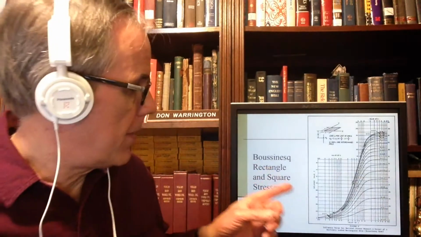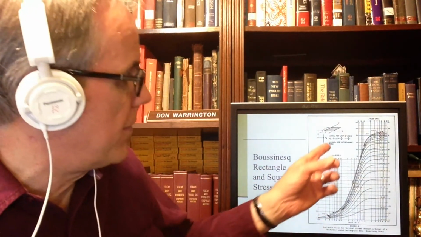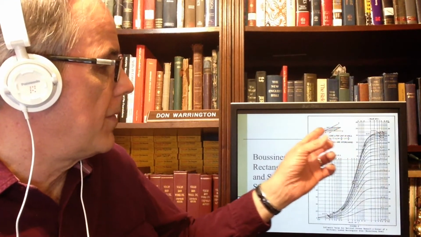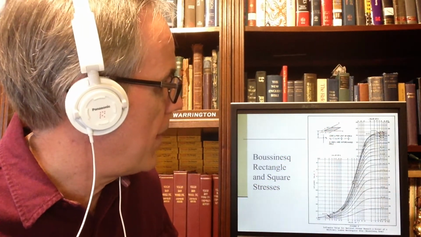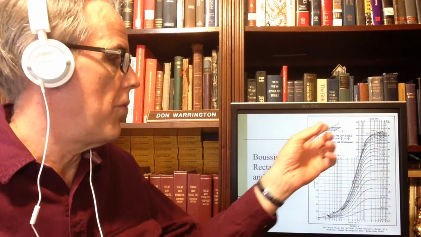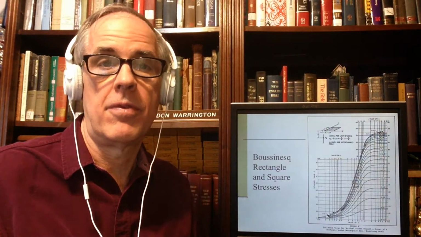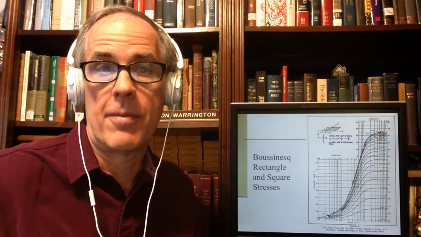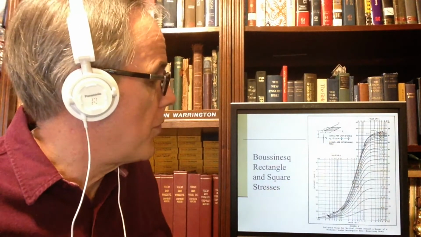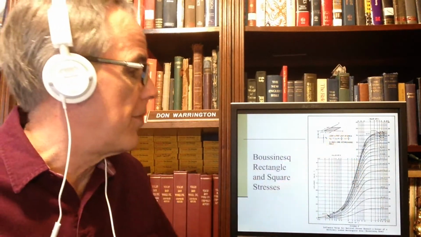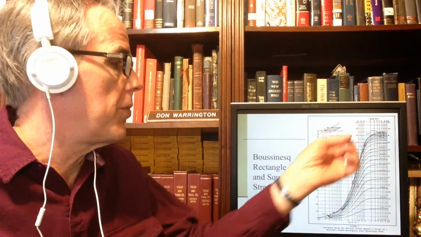What it is basically is this: if you've got a rectangle and you look under the corner of that rectangle, then you have two things. The rectangle has an x dimension and a y dimension. And if it's a square, x is equal to y. So therefore, we define two quantities. m is equal to x over z, and n is equal to y over z.